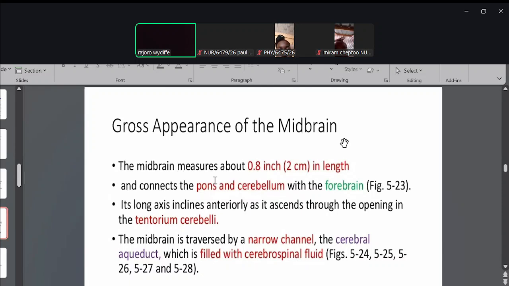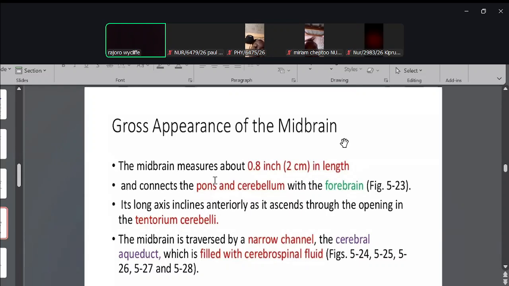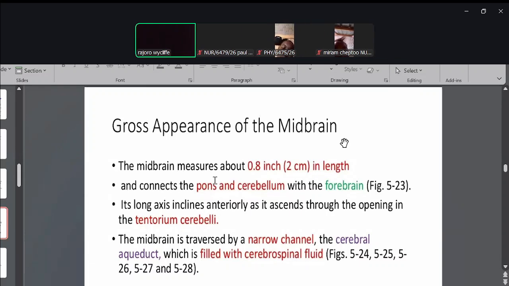We have a structure that actually covers the brain. When we talk about the head and neck, we'll talk about the tentorium cerebelli. The midbrain is traversed by a narrow channel, the cerebral aqueduct, which is filled with cerebrospinal fluid. We have talked about the cerebrospinal fluid, and we'll talk about it more.